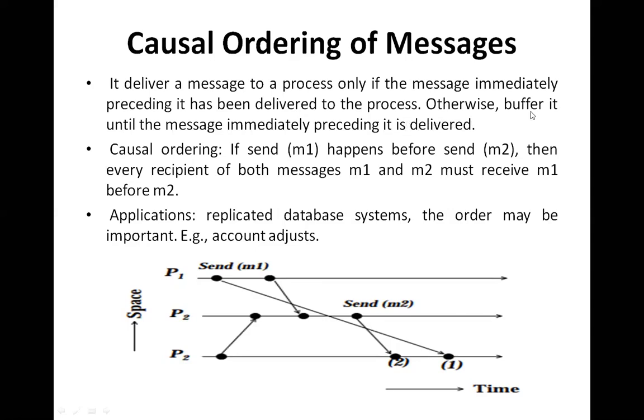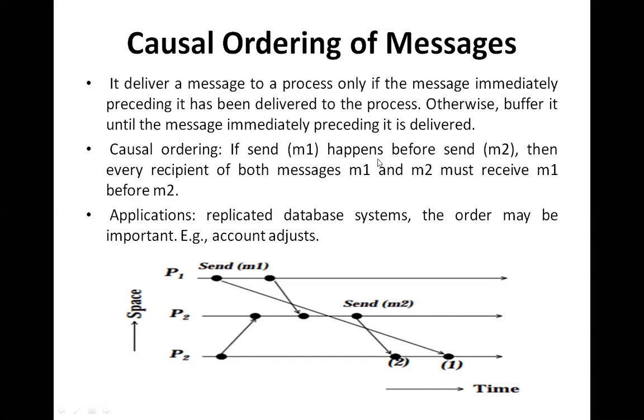Otherwise, it will buffer the message until the message immediately preceding it is delivered. So causal ordering is: if the sending of a message M1 happens before the sending of M2, there are two messages, M1 and M2.